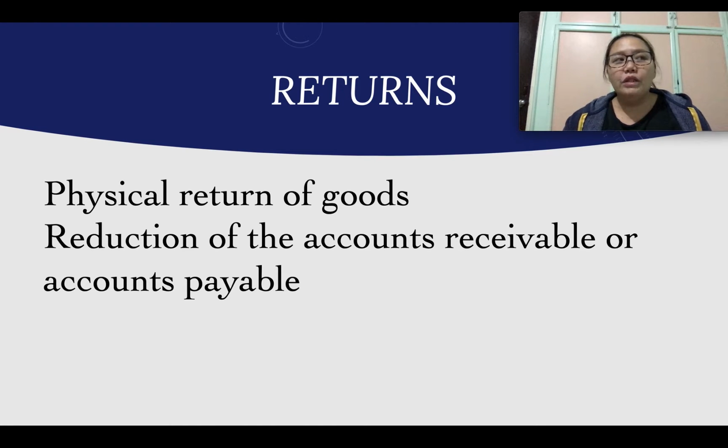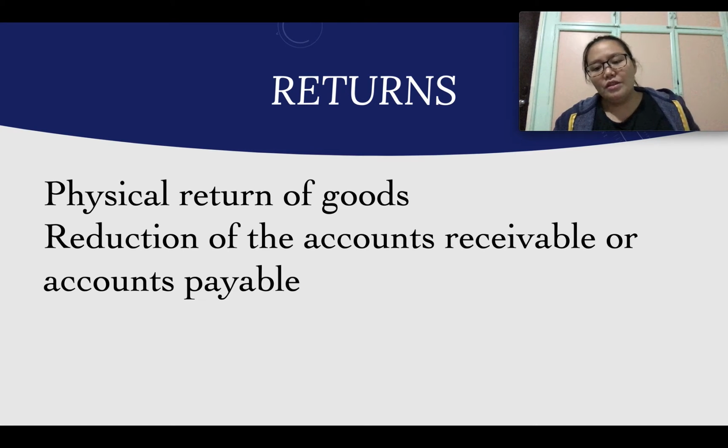So they can call you and ask for an allowance, because most of the time the price of a small shirt is greater than the price of an extra small shirt. They may ask you for a reduction in the selling price, or an allowance, because you have delivered the wrong goods and they decided to accept it.